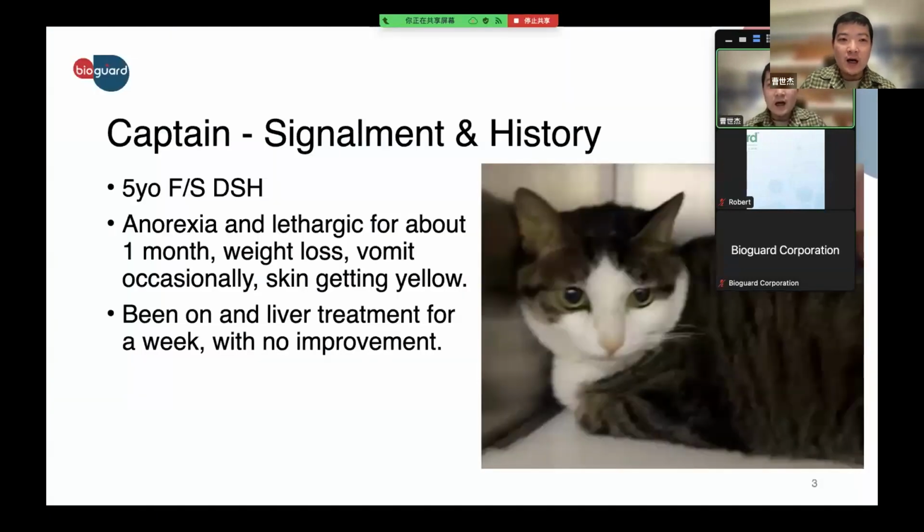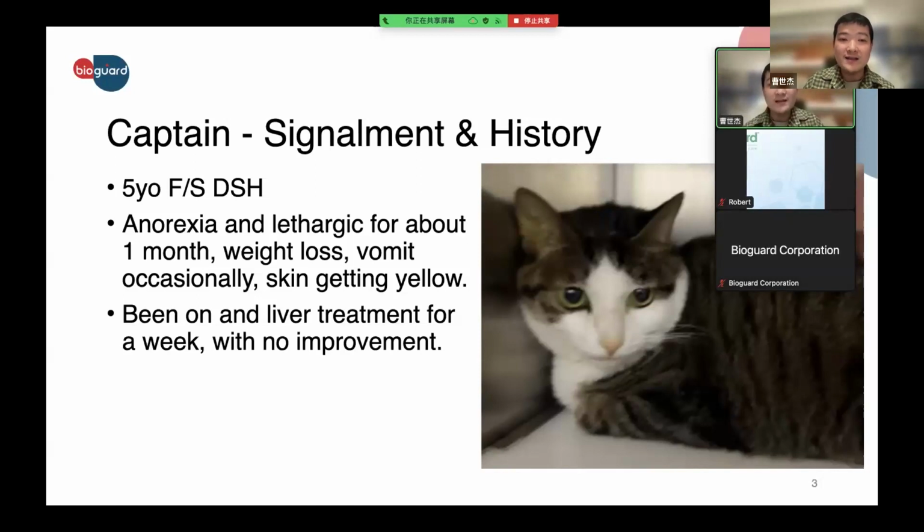So today, I'm gonna start with a case. This case is a cat. Her name is Captain, and she is a 5-year-old female spayed domestic short hair, and she presented with anorexia and lethargy for about 1 month, and she has weight loss and occasional vomiting.